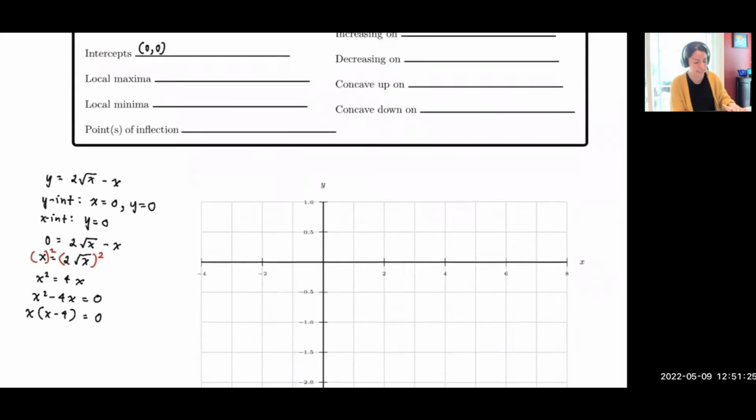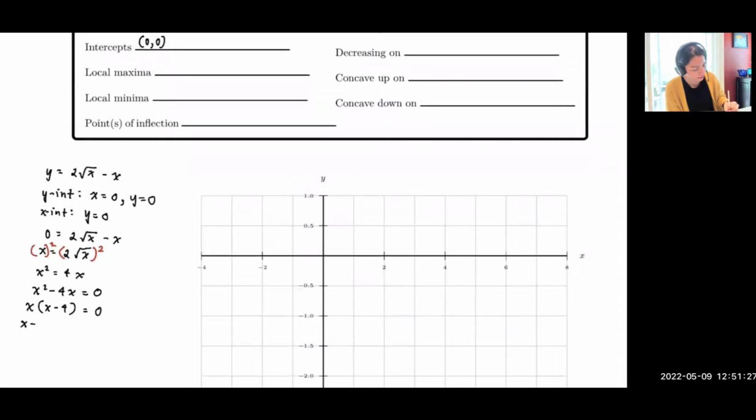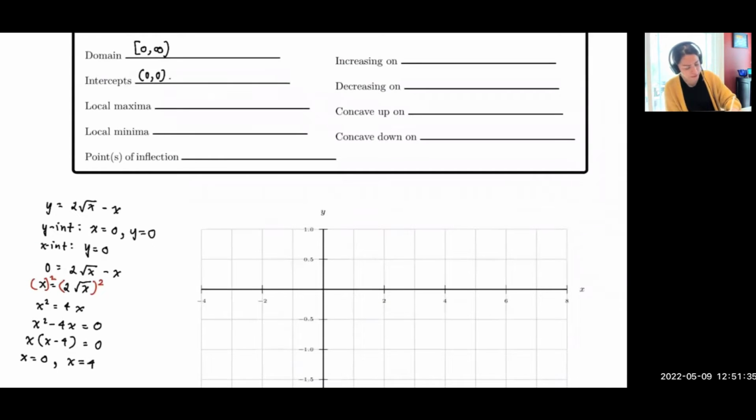And now we can see the other intercepts. We already knew x equals 0 was one from that y-intercept, but now we see x equals 4 is also one. So here we have the x and y-intercept (0, 0), and then the x-intercept (4, 0). Okay, so that's our algebra. That's just the algebra part.